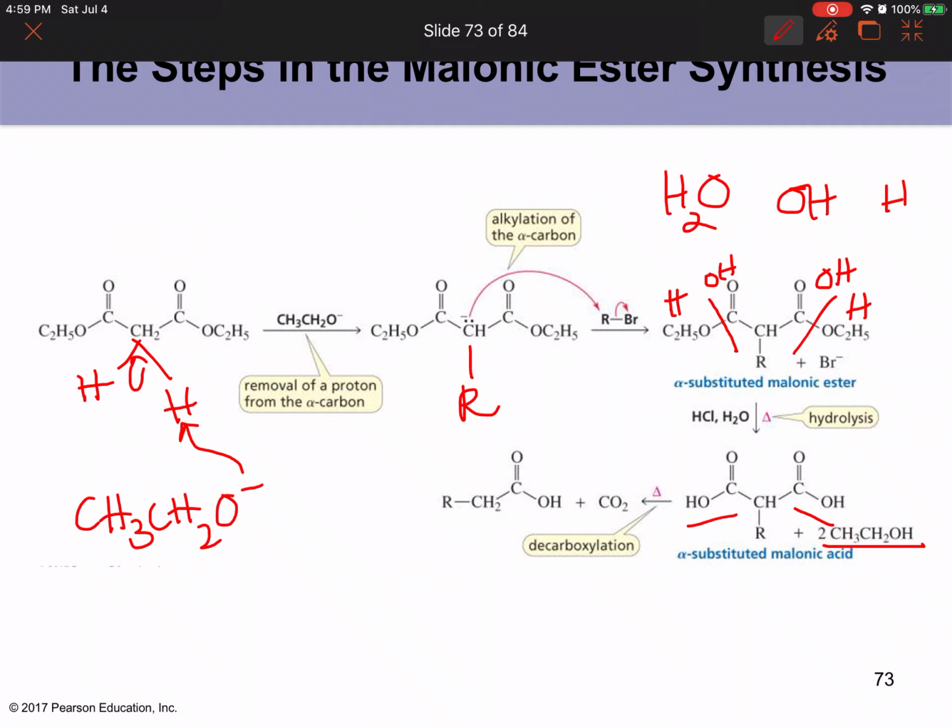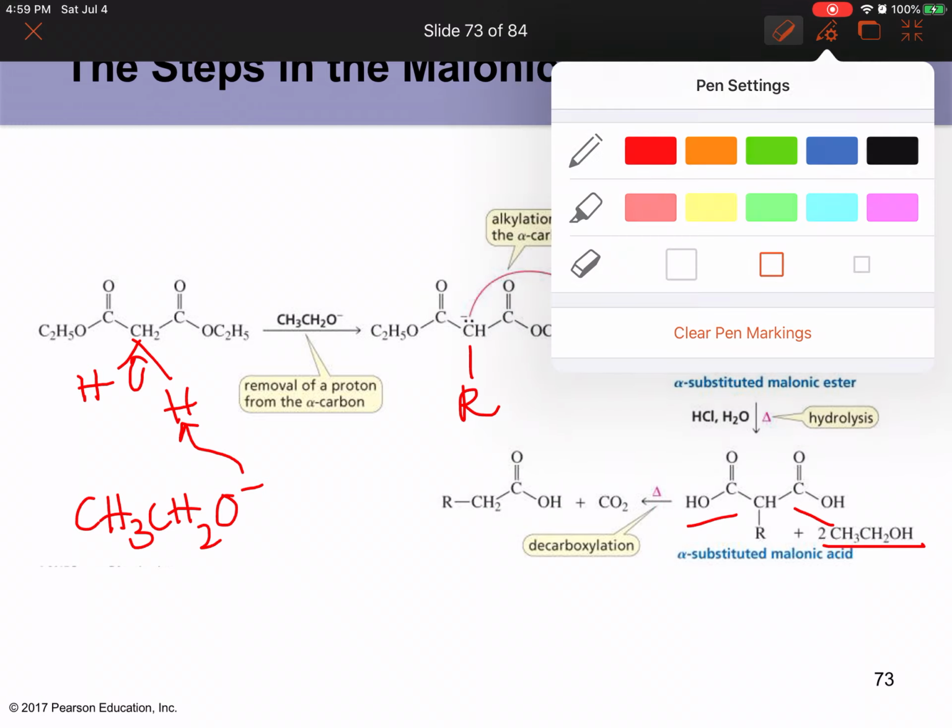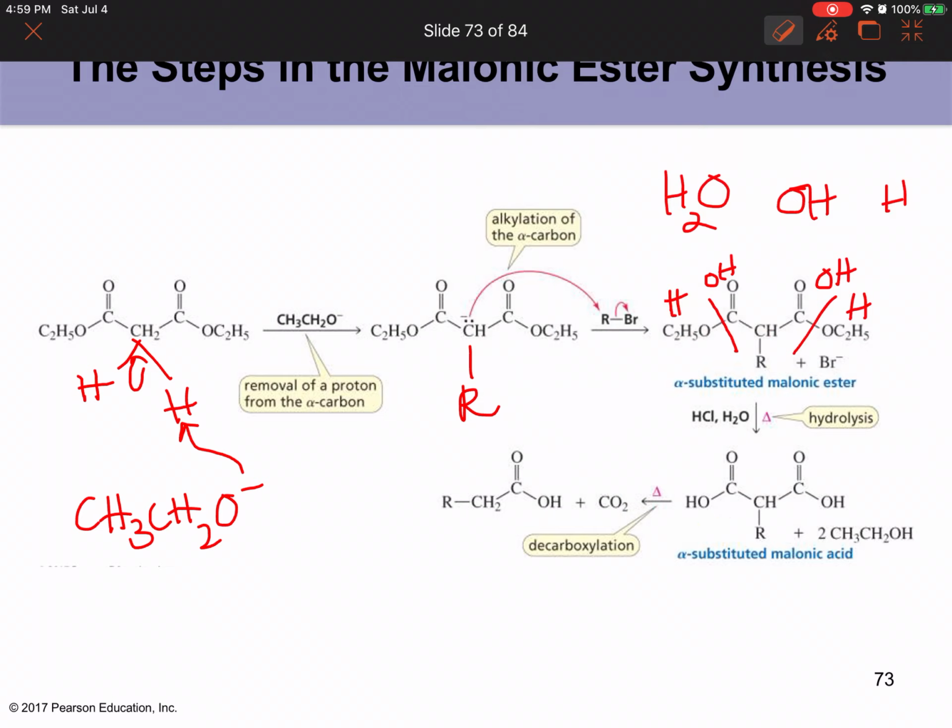Now do you understand here? Do you see a pattern that we learned in the earlier section about decarboxylation? Remember, we talked about how decarboxylation takes place when you have a carbonyl group in the third position to the carboxylic acid. This is 1, 2, 3.